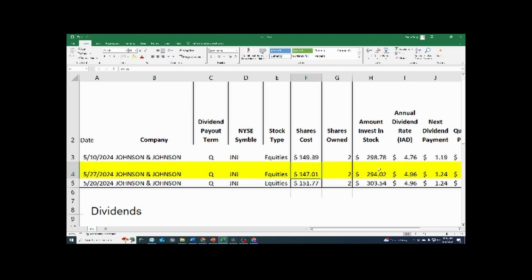Our total investment now is at $294.02. Our dividend yield, and this is what I'm talking about with dividend stocks, although the stock went down, it would still be paying $4.96 here on 5/20, still we're looking at $4.96 next payment. Even looking at that the stock did go down, we're still getting a payment amount of $4.96, which is a tremendous thing.